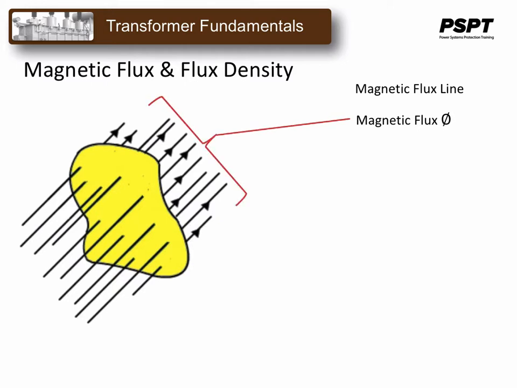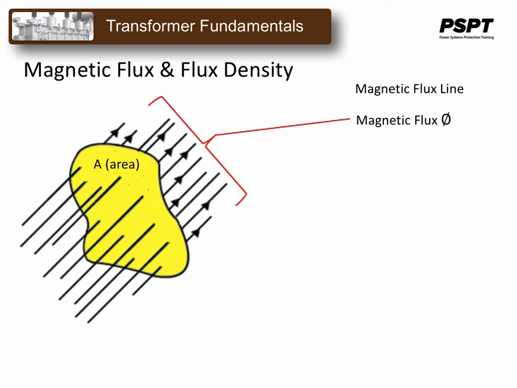Grouped together, these magnetic lines of flux form what is known as a magnetic flux field, and the Greek symbol phi is usually used to symbolize magnetic flux field. And it's a measure of quantity of magnetism. It takes into account the strength and the extent of the magnetic field.